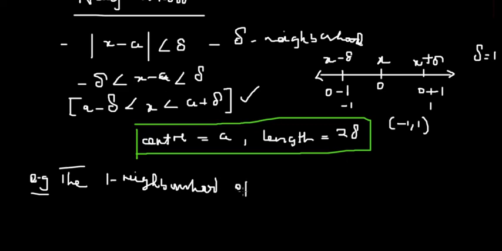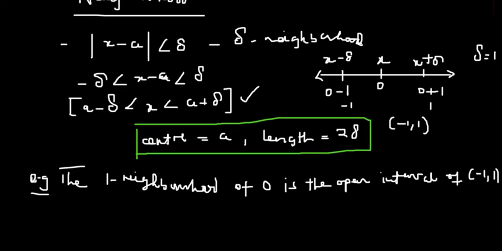The one neighborhood of 0 is the open interval of minus 1 and 1. So you've already been given the open interval.